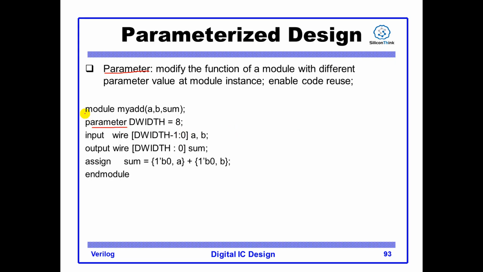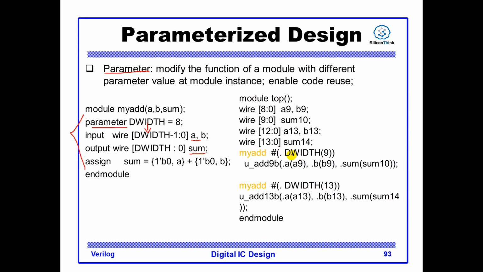So look at the code here. We define a parameter d width. Then we use the parameter to define the width of some signals. When I instance this module, I can use this construct to change the parameter inside this module.